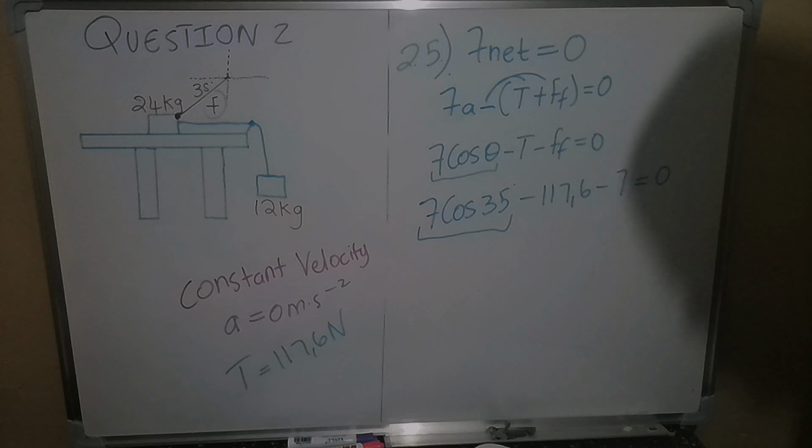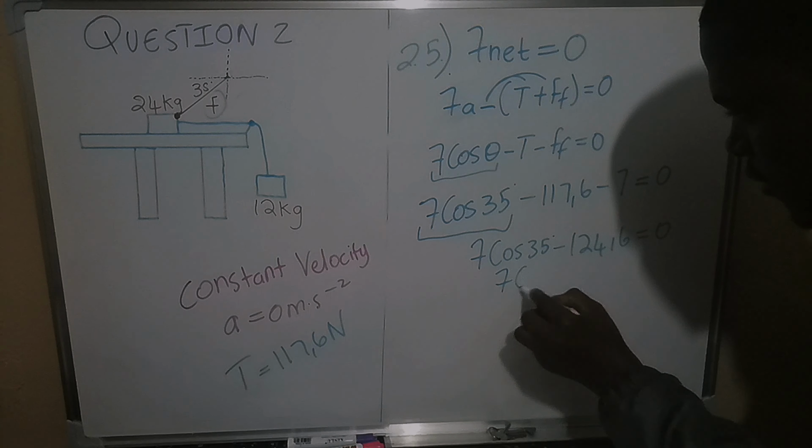So we have force cos 35 degrees minus 124,6 is equal to 0. So I'm going to transpose this negative 124,6 to the right.